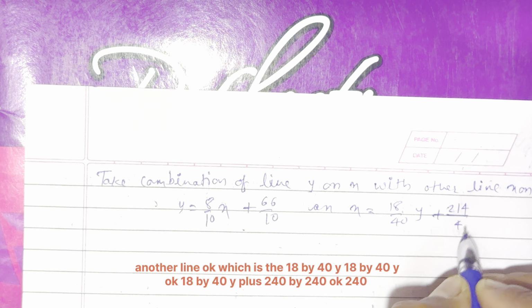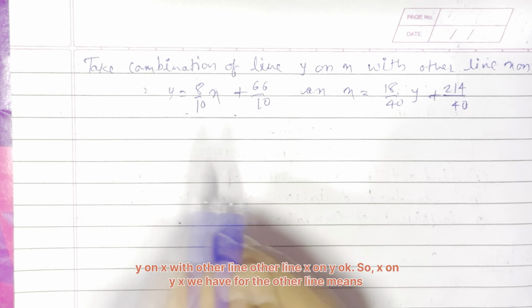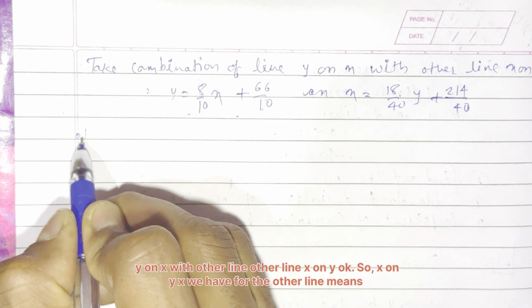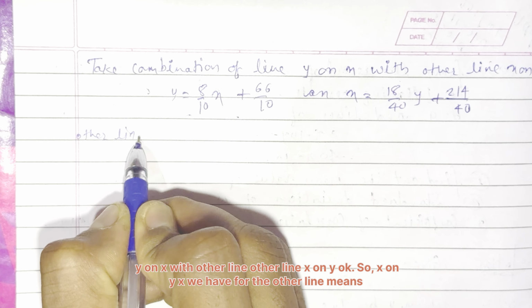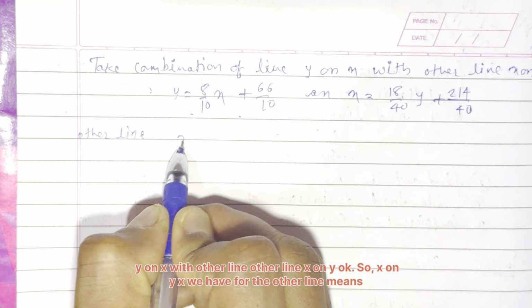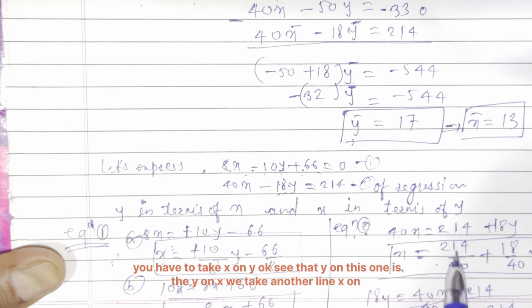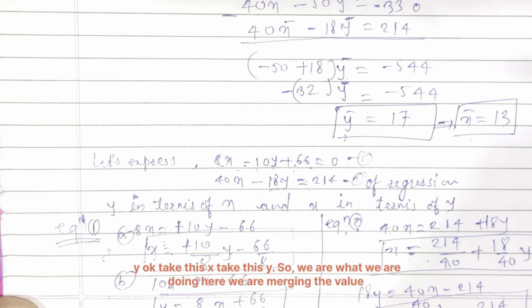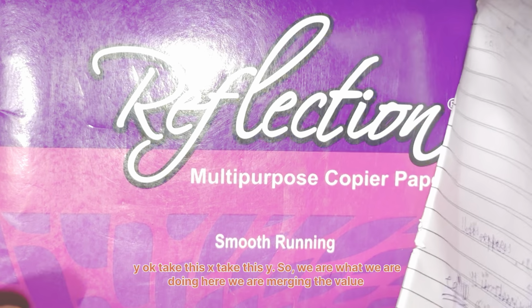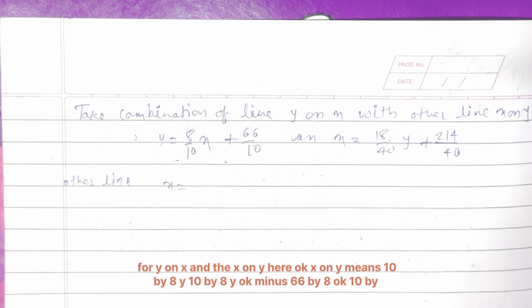That is y on x with the other line x on y. So x on y, x we have to take from the other line. This one is y on x, and we take another line, x on y. We are merging the value for y on x and x on y here.